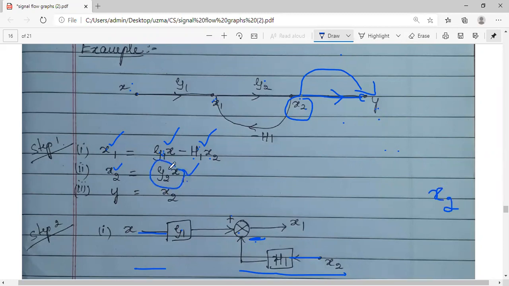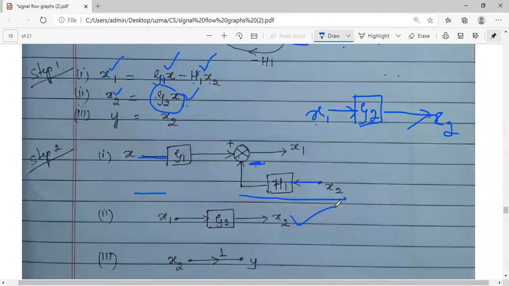This is the signal x1 multiplied by g2. So from x1 point, you have to take one block, and the block will have g2. Okay, and from this it has to be connected to x2. From x1 multiplied by a gain value, the output is x2. This is your second equation block diagram.